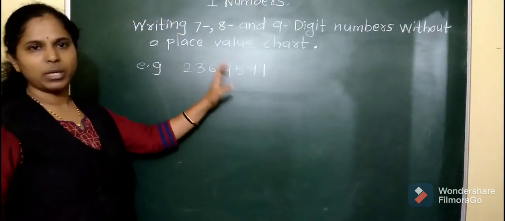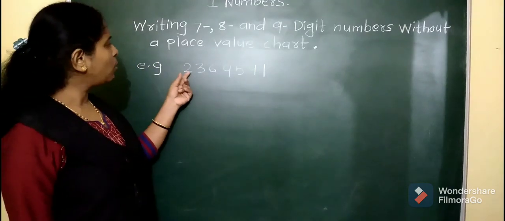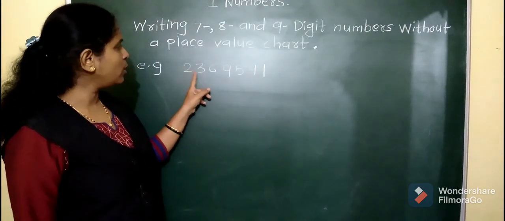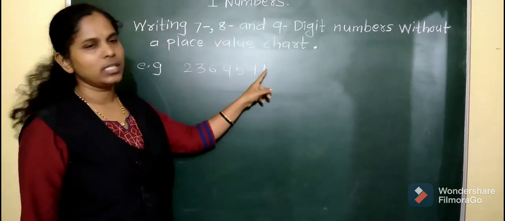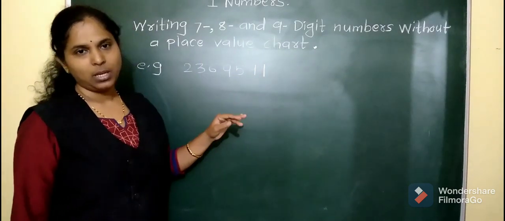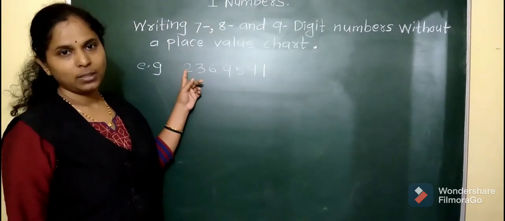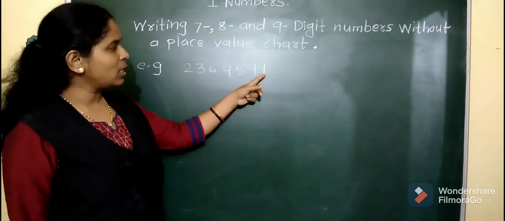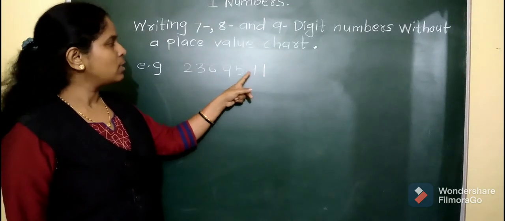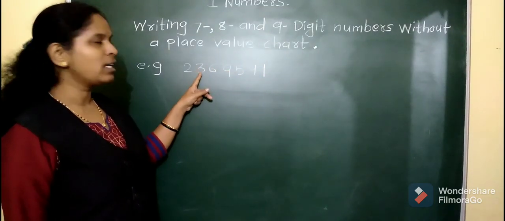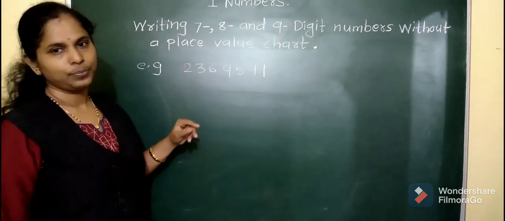Now, how many digits does it have? See here, it is 1, 2, 3, 4, 5, 6, 7. A 7-digit number. And a 7-digit number starts with which place? 10 lakhs. So, see here, ones, tens, 100, 1000, 10,000, lakh and 10 lakh.